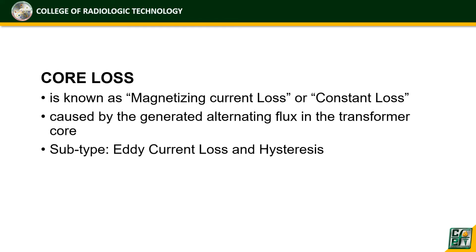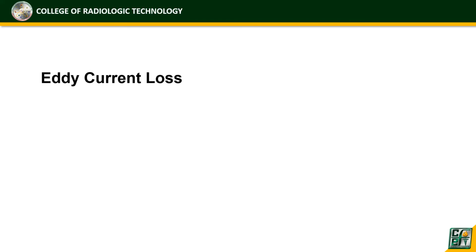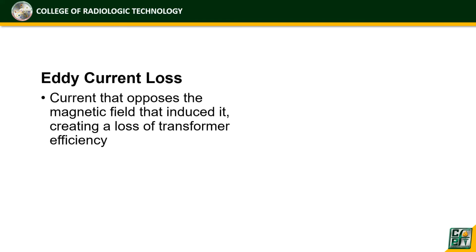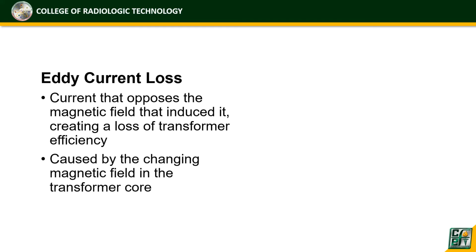So, sabi lang dito, it is caused by generated alternating flux in the transformer core. Okay, subtype, eddy current loss and hysteresis. So, eddy current loss. Pero una sa lahat, ano ba ang eddy current? So, eddy current is the current that opposes the magnetic field that induces the current.